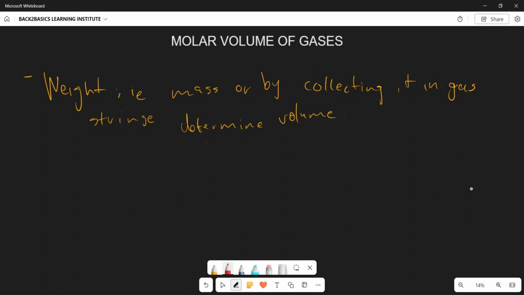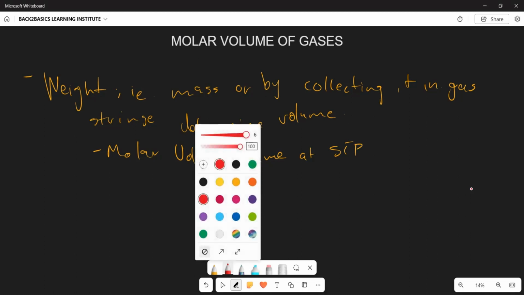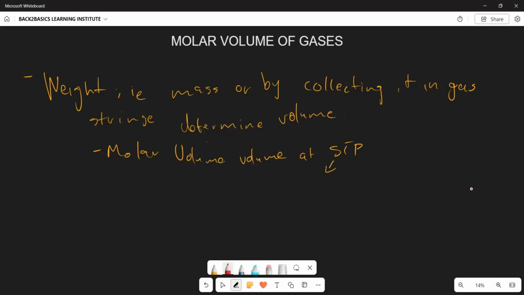So now we are going to be looking at what we regard as the molar volume of a gas at STP. I know probably most of you are wondering, what does this STP stand for?